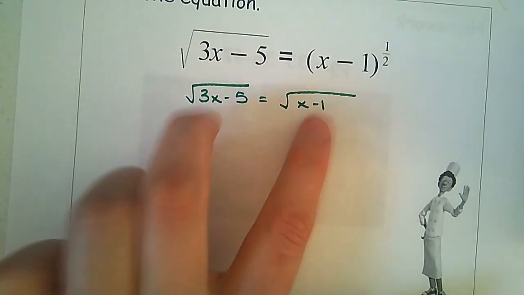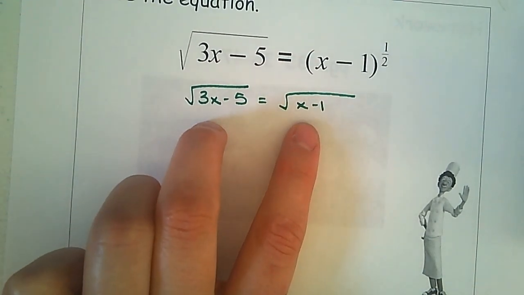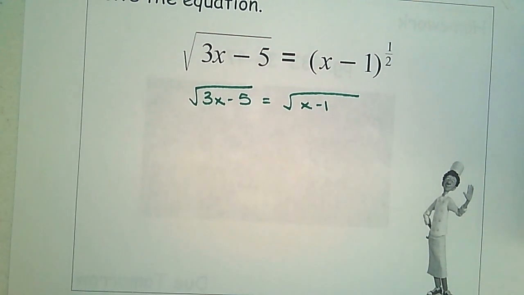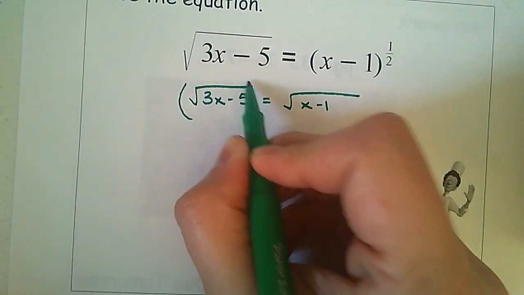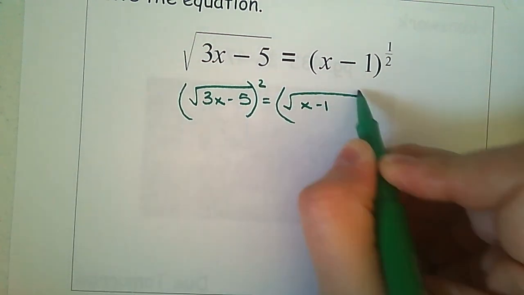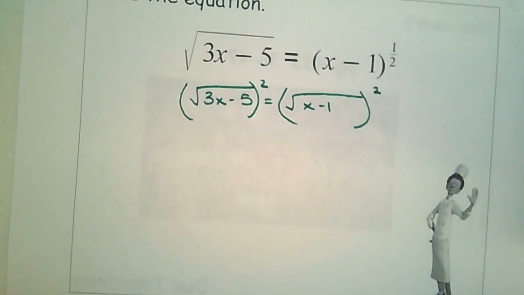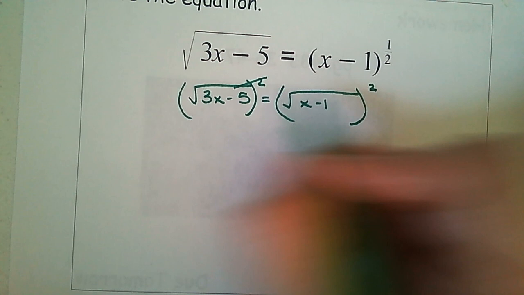But notice they are both by themselves, so we are okay with that. So our next step then, to undo a square root, we are going to square both sides. So square roots are going to cancel out.